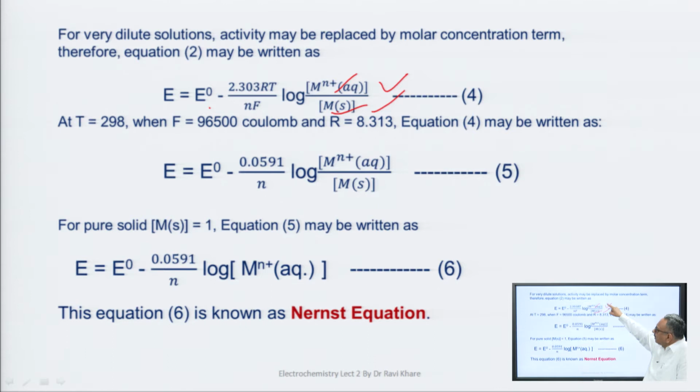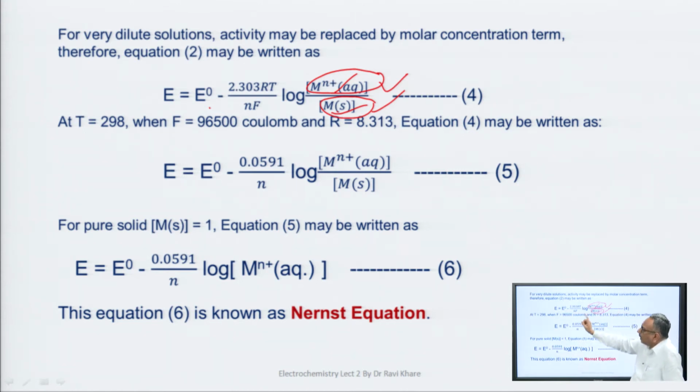Now, this is the ionic form, present in aqueous solution, and this is the metal. You know that the concentration or active mass of a substance present in solid form is always taken as unity.